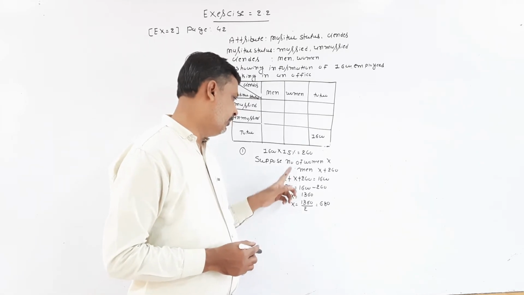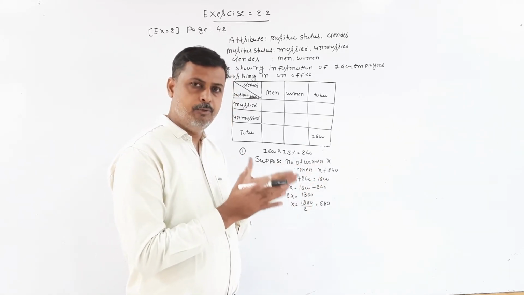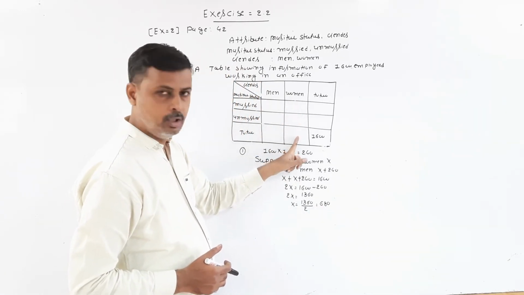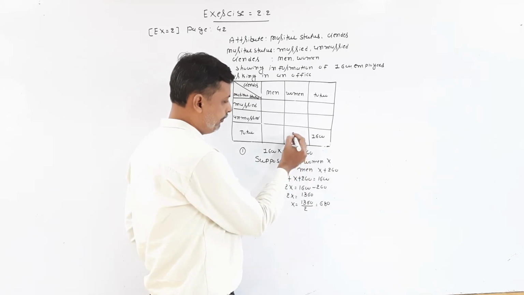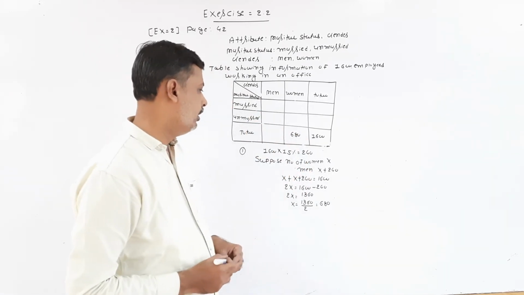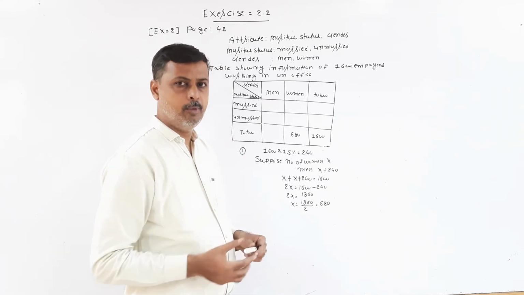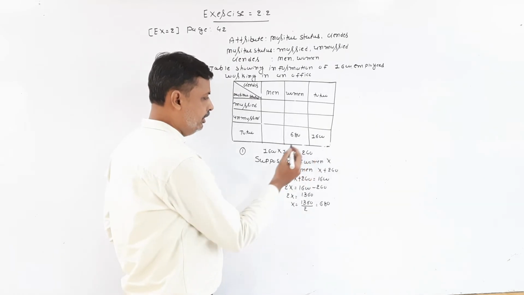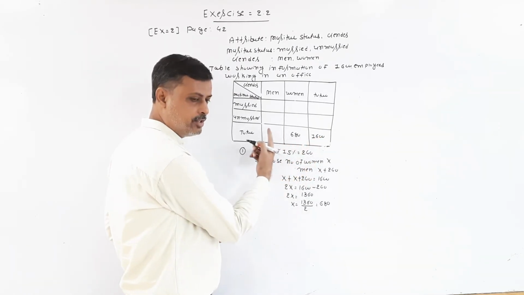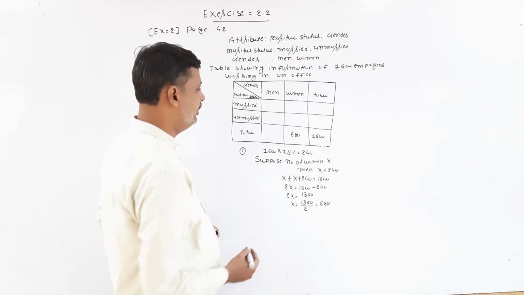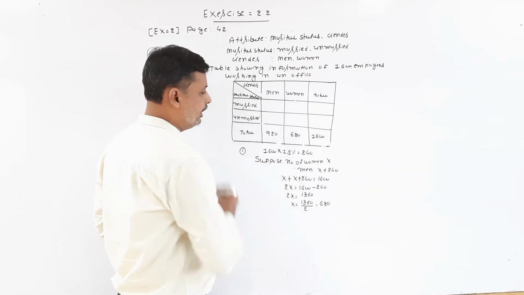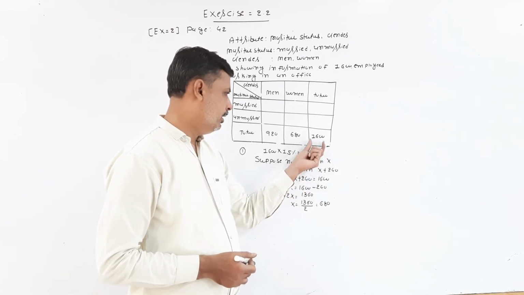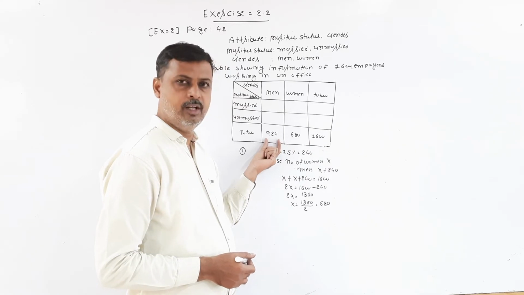So here we assumed x for women. So the number of women working in an office is 680, and men are 240 more. 680 plus 240, otherwise 1600 minus 680. So you will get 920. If you want a shortcut, 1600 minus 680 will be 920.